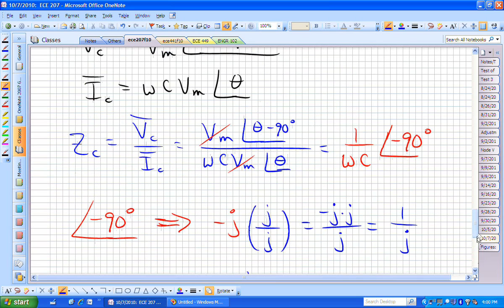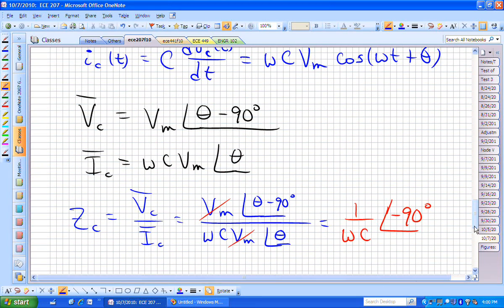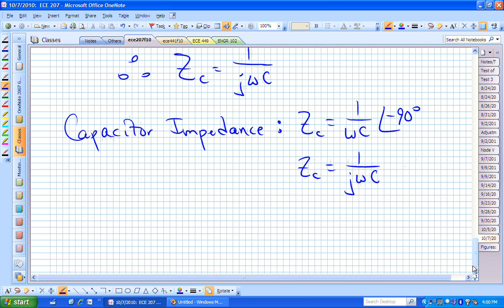How are the current and the voltage related in this capacitor? What do we want to say about the current in a capacitor? It leads the voltage, doesn't it? So now we have ICE. And you might say, why am I using ICE? Well, which one is in front of the other? I is in front of E. ICE leads the voltage in a capacitor.